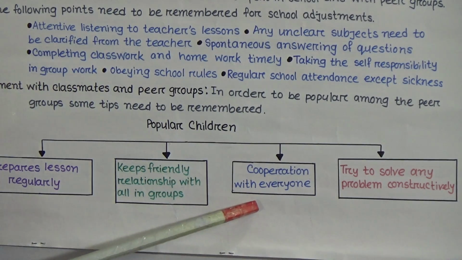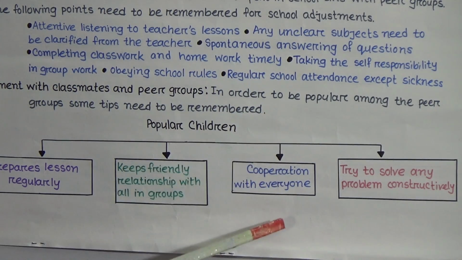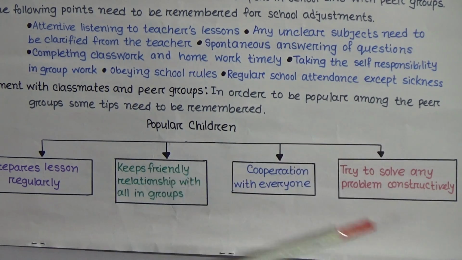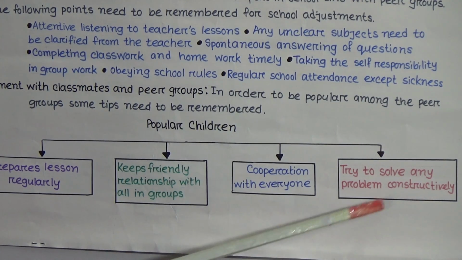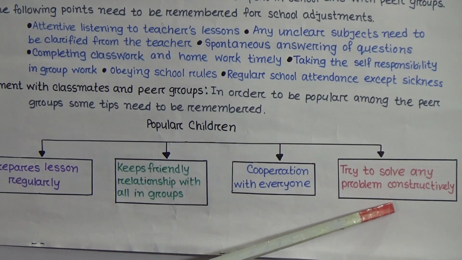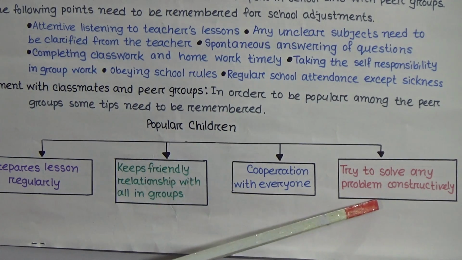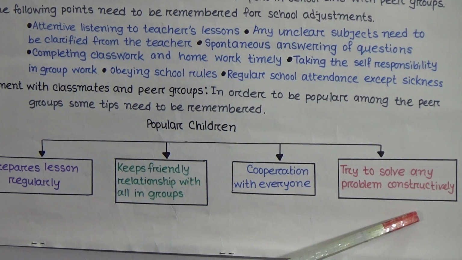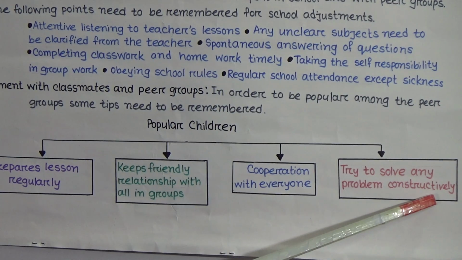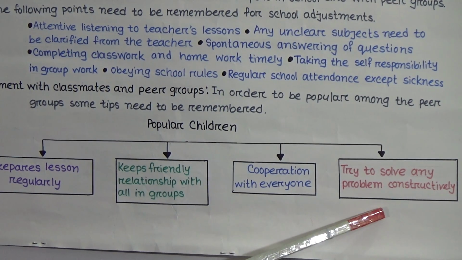You can't ignore anyone. To cooperate with everyone, you have to listen to everyone. And at last, try to solve any problem constructively. If you find any problem in your group or in your class, you have to think about that problem and solve it constructively.